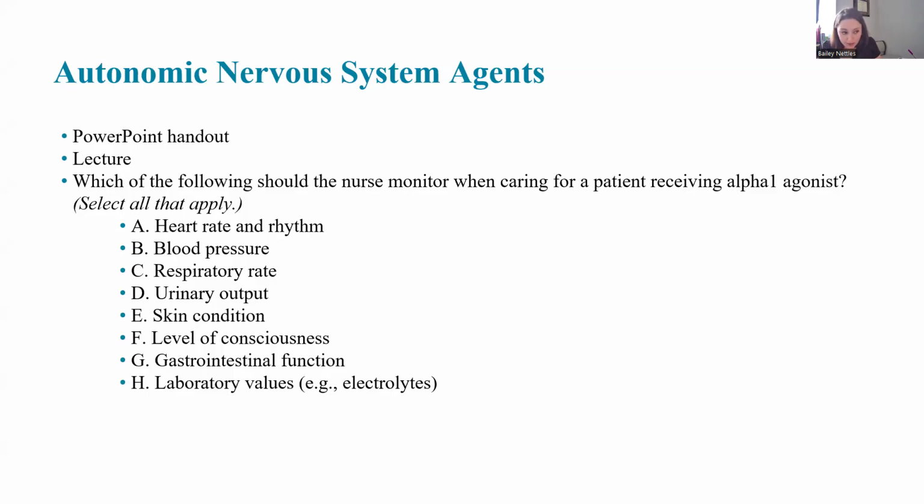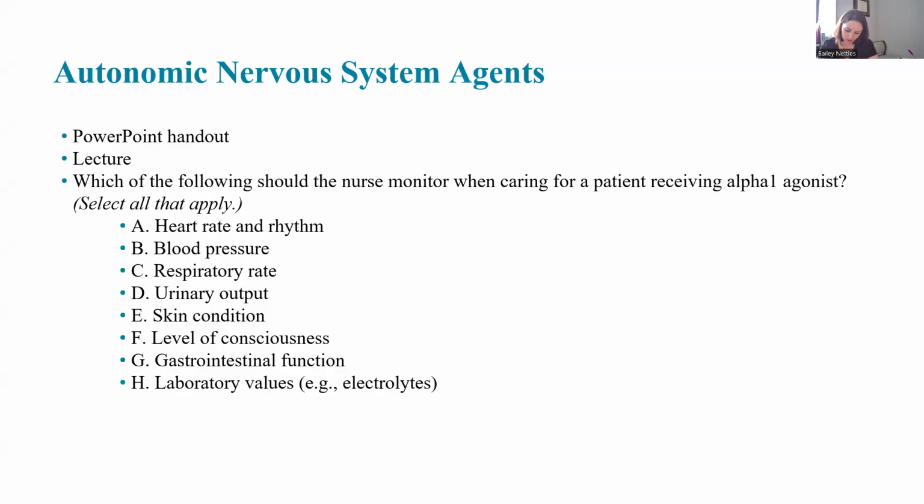Should we monitor heart rate and rhythm? Yes, we should. Should we monitor blood pressure? Sure thing. Respiratory rate? Nope. Urinary output? Yes, because we can have that urinary retention. Okay.